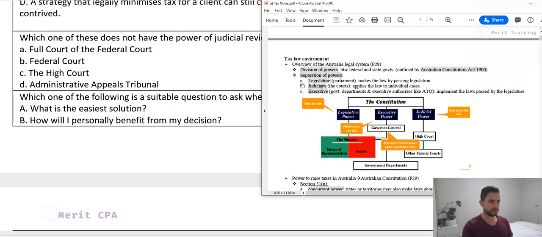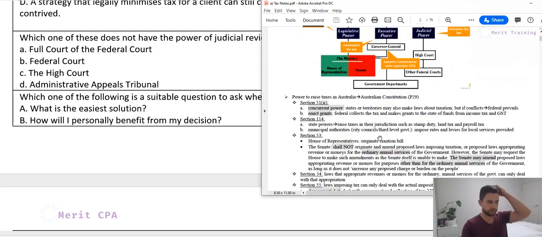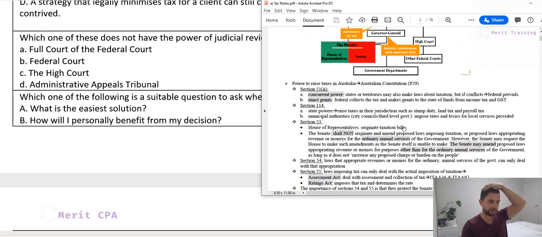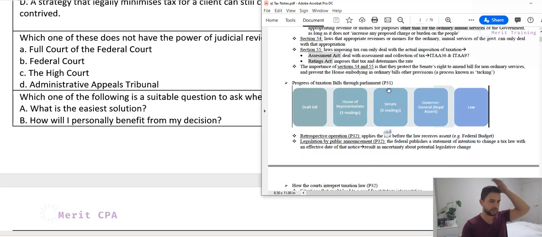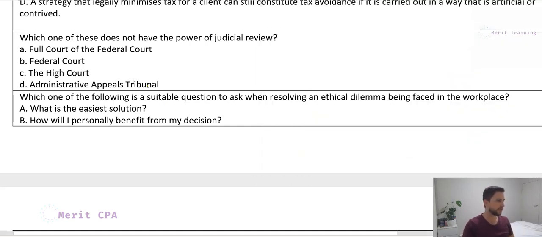Well, we know the judiciary, the courts have judicial power because it's in the name. So I think that's all we're going to get out of the notes, but I think we've already figured out the answer based on logic alone. So let's just move on to the next question. That is fine. So the answer is D.